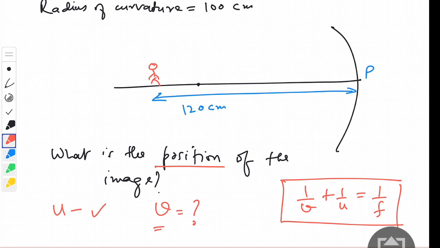You don't have to calculate the exact decimal. You can just give the fraction. The fraction value is enough. So let's say if you're getting 5 upon 6, just give me 5 upon 6. You don't have to give 0.8 something, not required.